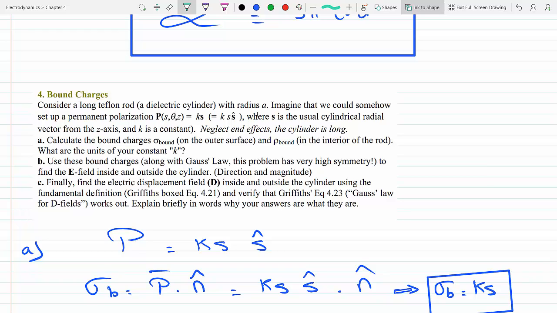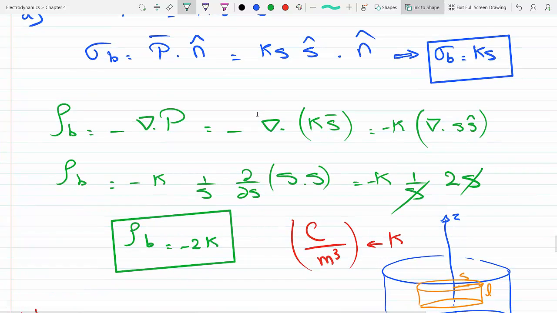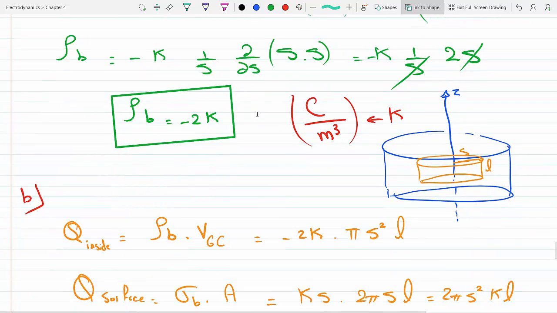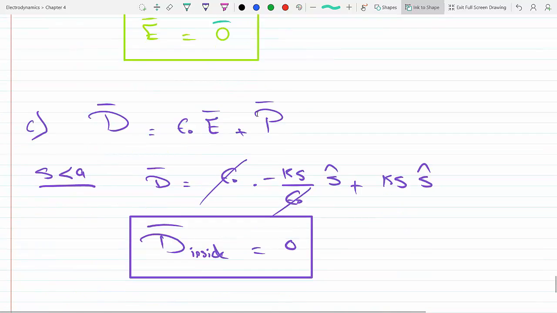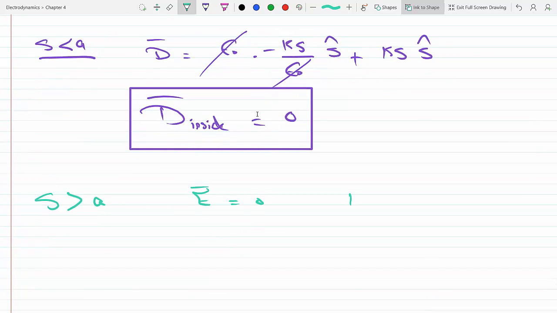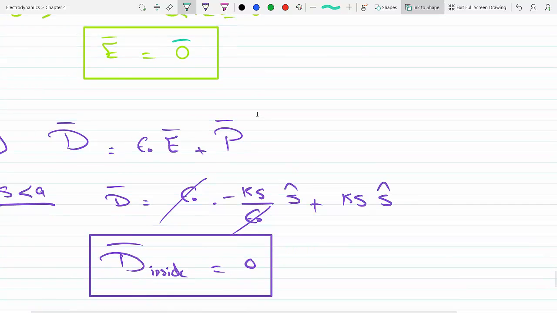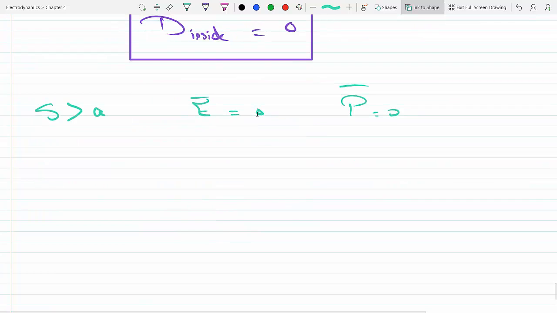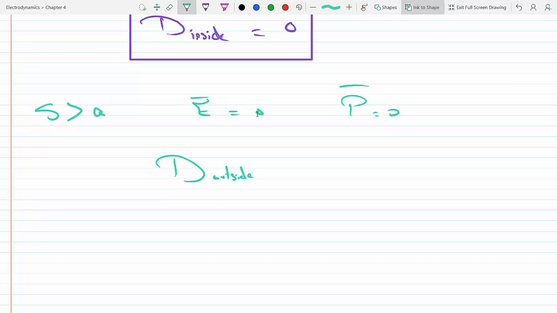S is the usual from the z-axis. Okay, fair enough. So that tells me that there's no polarization there, so P there would have to equal 0. And if I plug it in the same equation, epsilon E plus P, I get outside D equals 0.